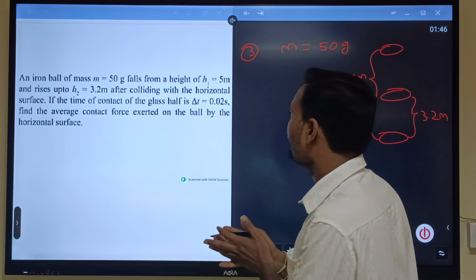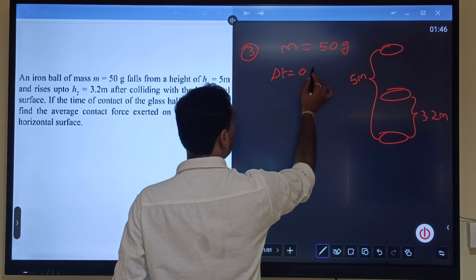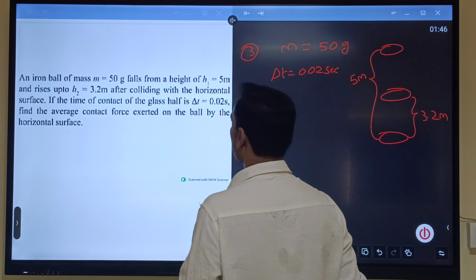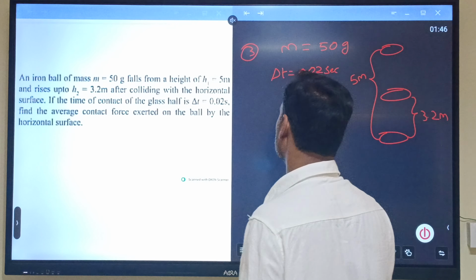If the time of contact with the glass floor is delta t is equal to 0.02 seconds, find the average contact force exerted on the ball by the horizontal surface.